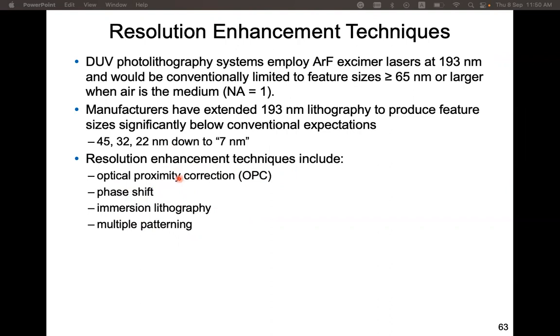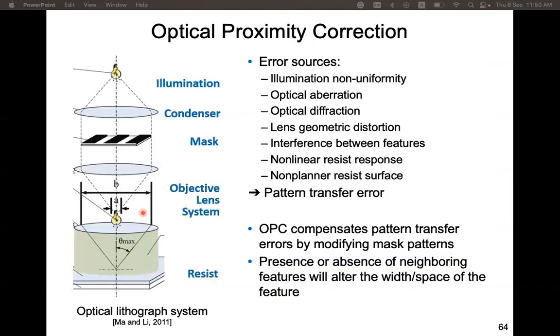So I briefly introduce these techniques. The first one is optical proximity correction, OPC. So in an optical lithography system, there are many error sources.